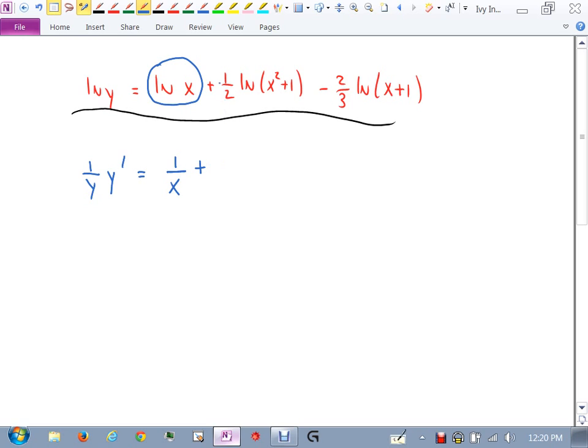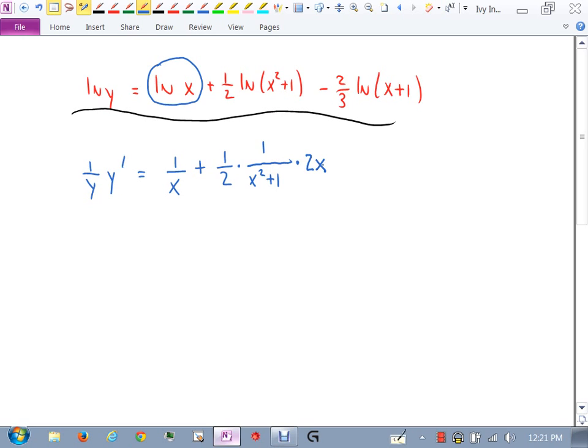Plus, now I have a 1/2, so I'm going to keep the 1/2 here, times the derivative of natural log of something, which is 1 over it, times the derivative of what was in the natural log, which is 2x.